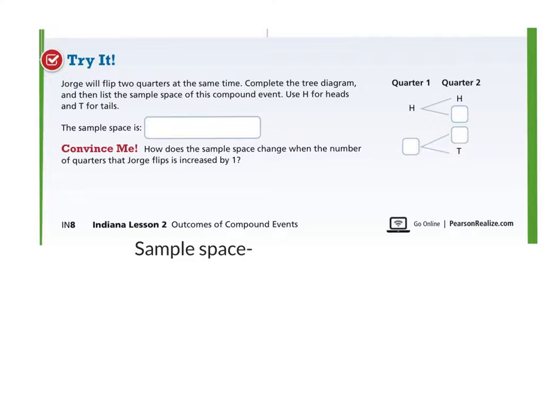Sample space is a list of possible outcomes. So it's kind of like, what could happen.